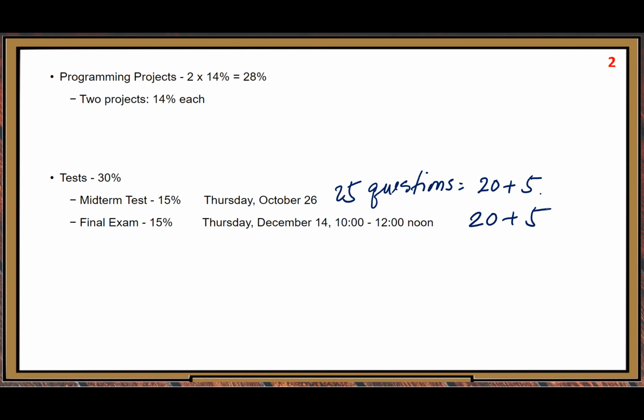But if you need more time, when you go home you can still work on the last 5 questions. I post the last 5 questions as an optional assignment. You do not have to do it. But if you want to improve your grade, you can work on those 5 questions with a little more time.